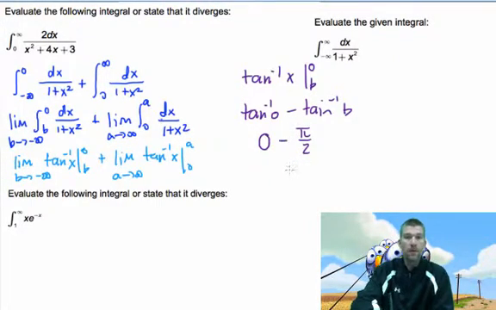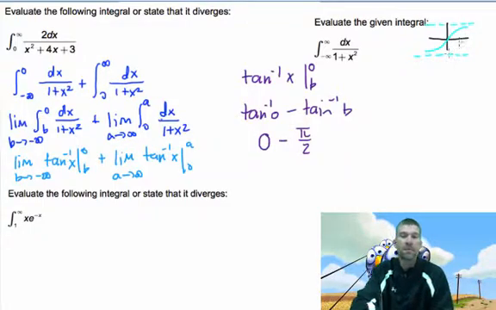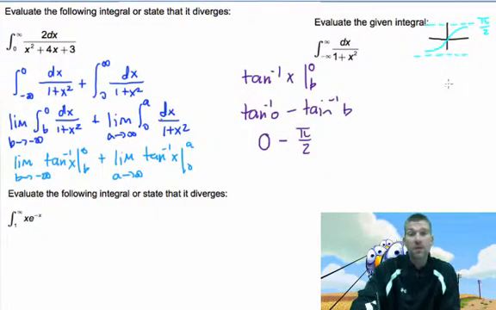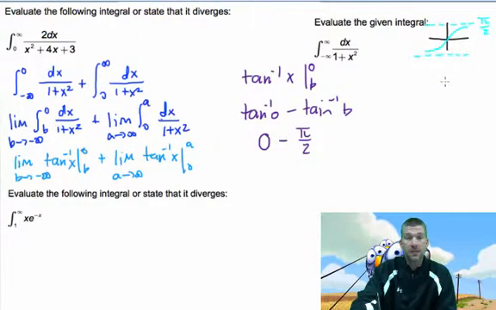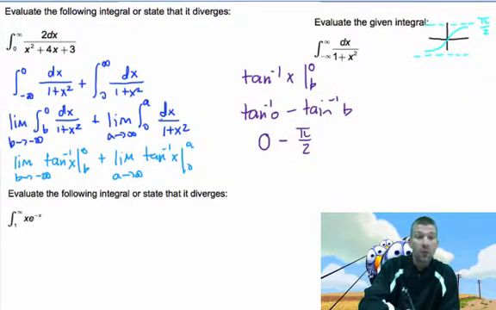Remember, the arctan looks something like this if this is our graph. We've got a lower asymptote bound and an upper asymptote bound, and that happens to be at pi over 2. Remember, the tangent is undefined at pi over 2, but we approach pi over 2 as the limit gets really, really big.